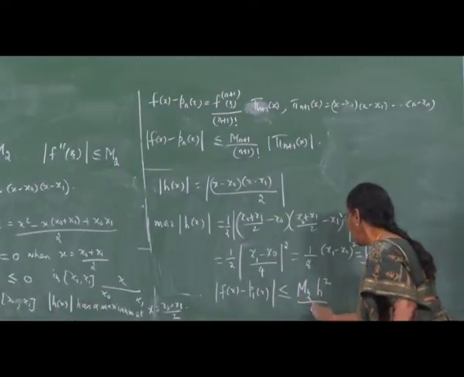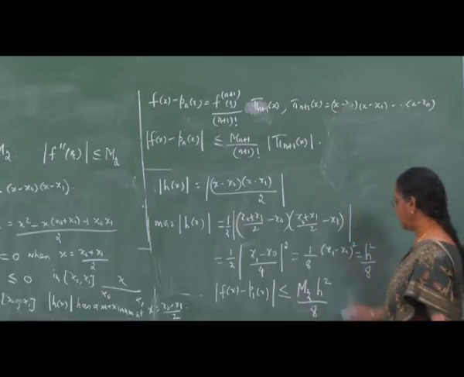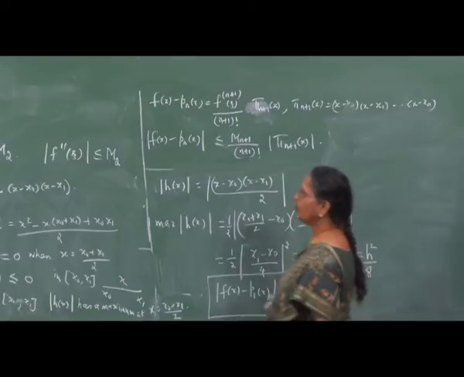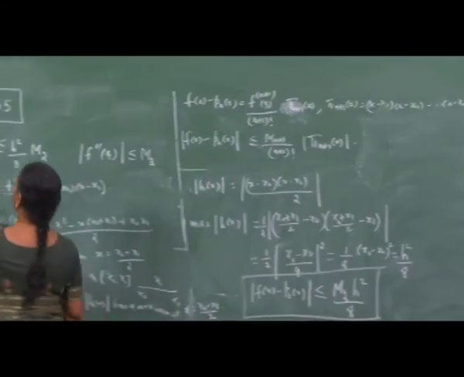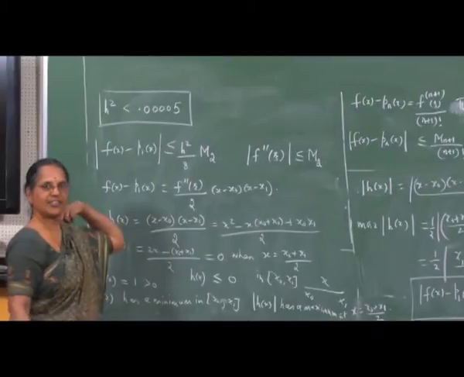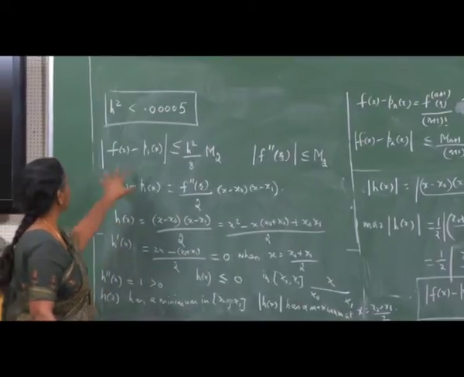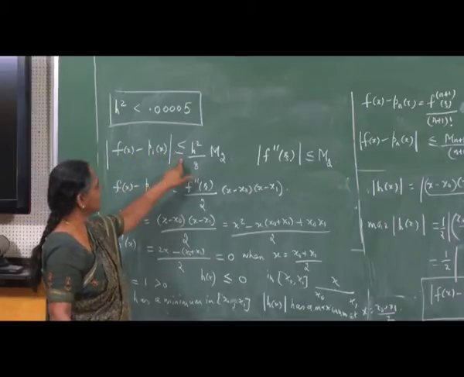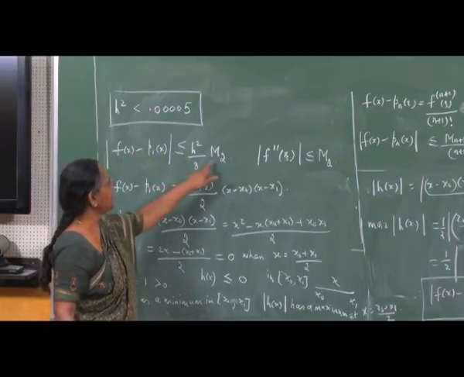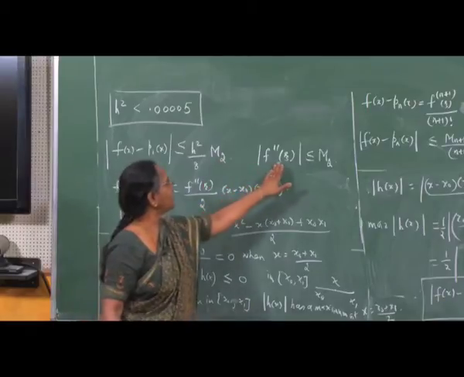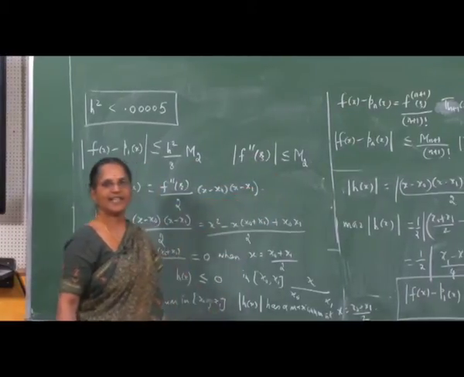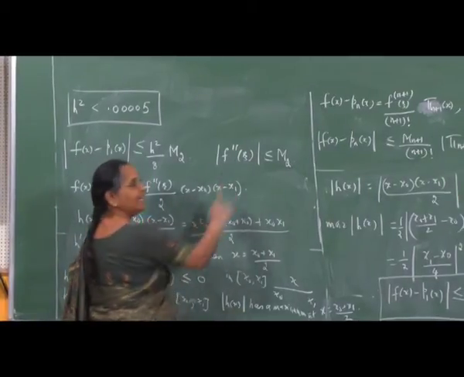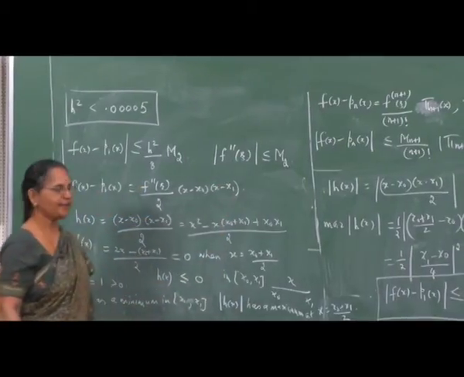So, into h square by 8, and this is what we wanted to show. So, the error bound in linear interpolation is such that the absolute value of the error in linear interpolation is less than or equal to h square by 8 into m2, where modulus of f double dash of psi is less than or equal to m2 for psi in the interval x naught to x1.